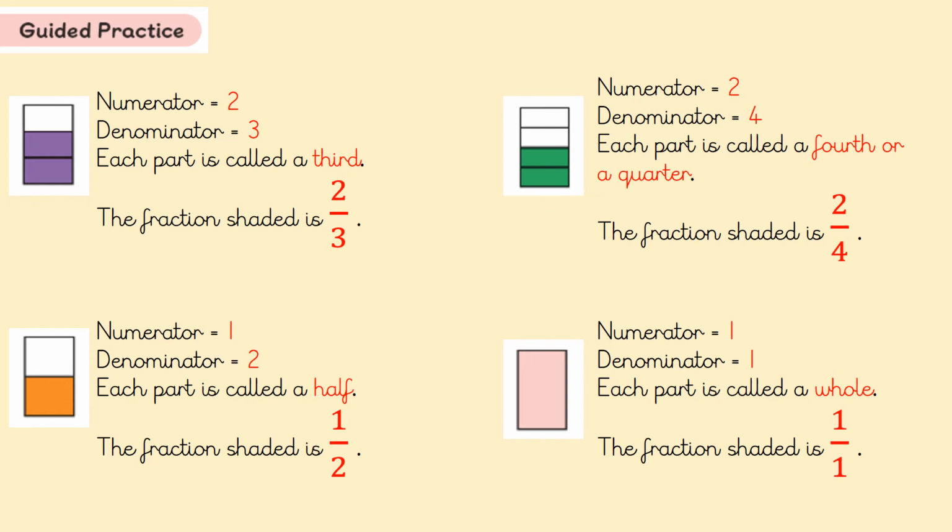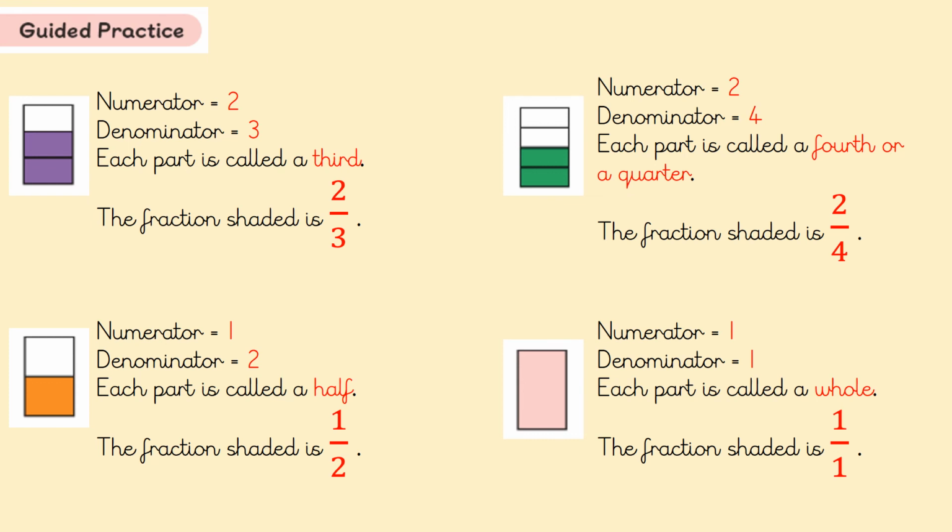Now this last one was tricky, but if you think about what numerator and denominator mean, we should be able to figure it out. Numerator, how many parts have been shaded? 1. Denominator, how many parts are there in total? What family is this part of?